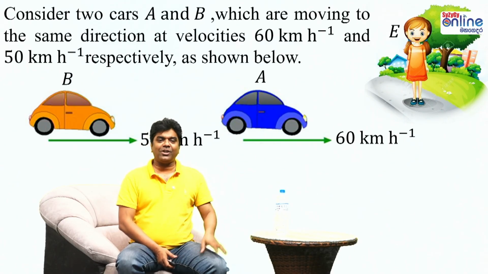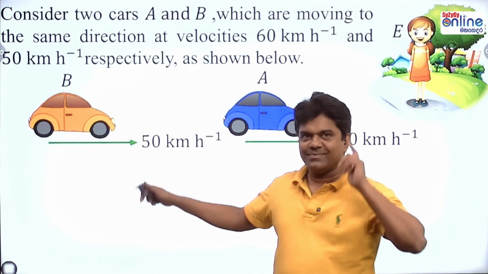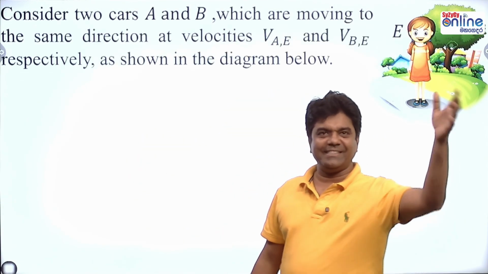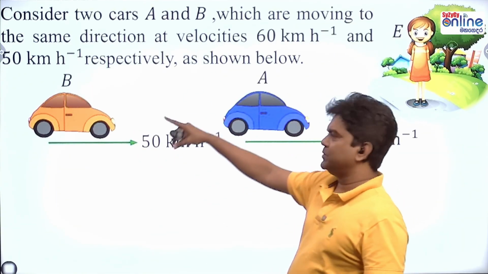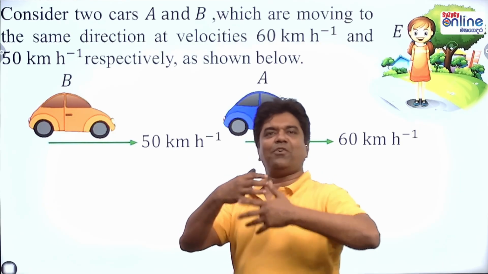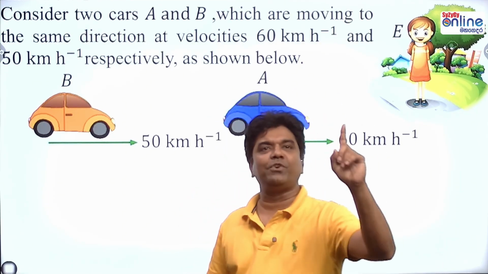And the orange car will be 50 kilometers away from the starting point. My question is, what will be the difference of the distance between A and B after 1 hour?